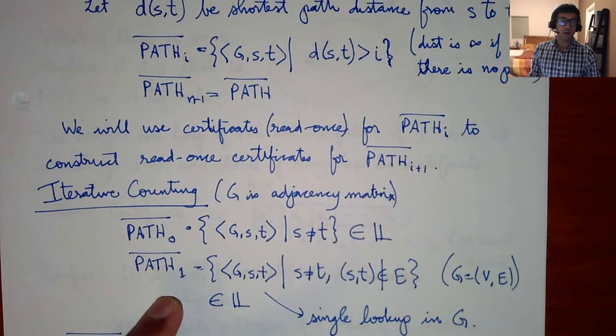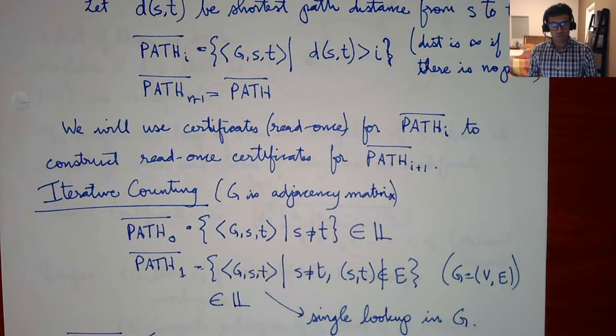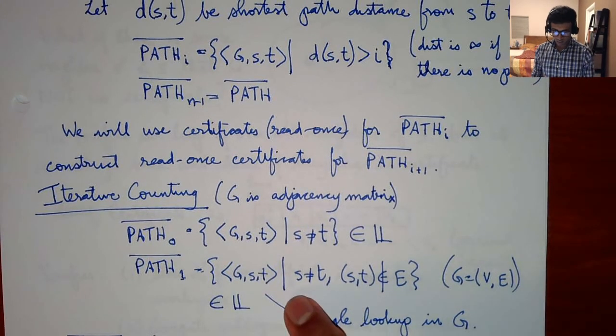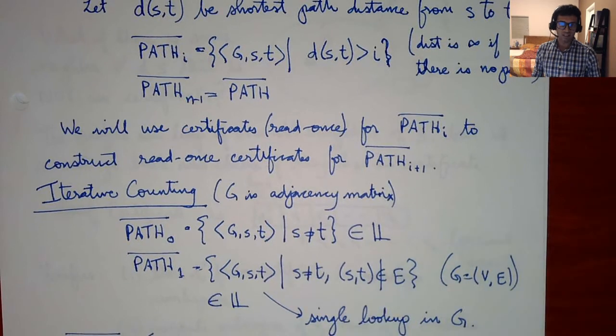Let's look at what path 1 complement is. Path 1 complement is G, S, T, where now S is not equal to T and ST is not an edge, because if ST is an edge, then the distance would be 1, and so this would not be in the language. We're looking at the complement.